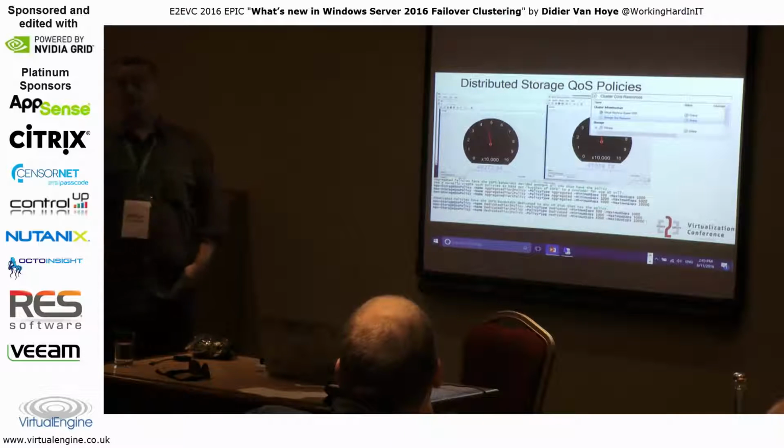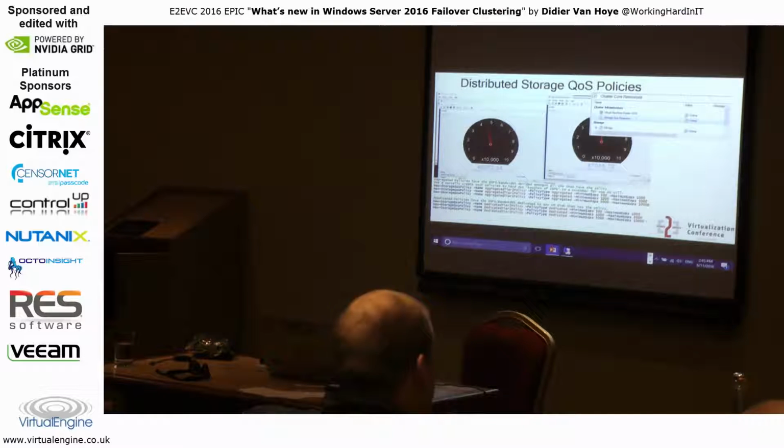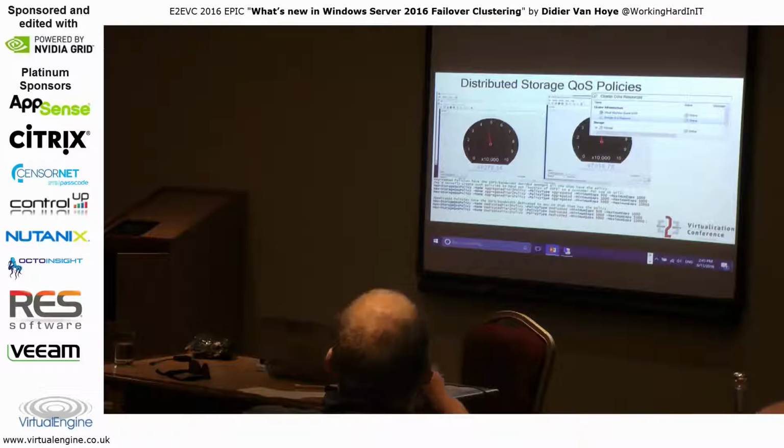Then there's distributed storage QoS. Now within a cluster, you can define storage QoS policies, both minimum and maximum, that are enforced and are knowledgeable about the entire cluster. In 2012 R2, it was on the host, and only the maximum IOPS was enforced, not the minimum. The minimum just logged an event saying, I'm not making it.